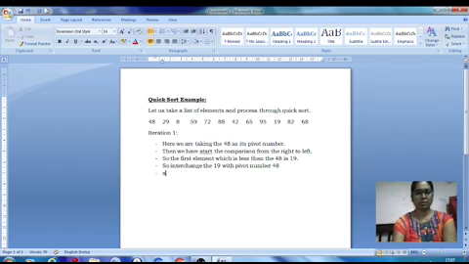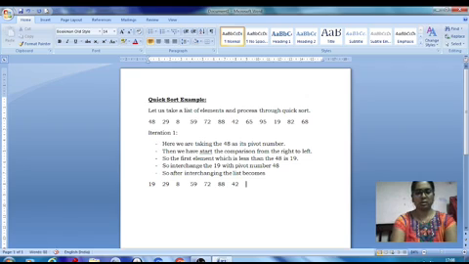After changing, the list becomes 19, then 29, then 8, then 59, then 72, then 88, then 42, then 65, then 95.